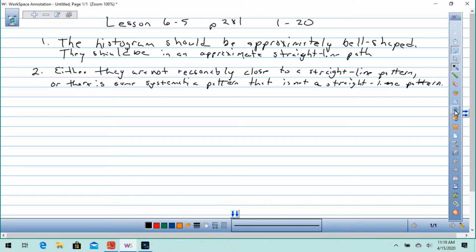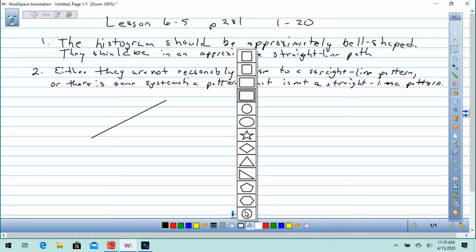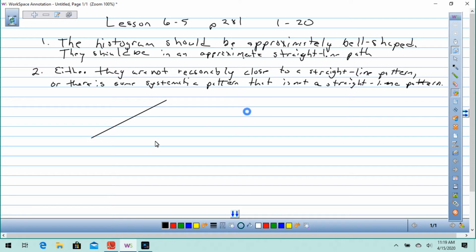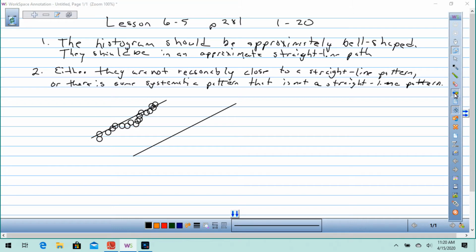Okay, and this is like a very straight line. What if you had, see, that might be kind of straight. But what if they did something like this?